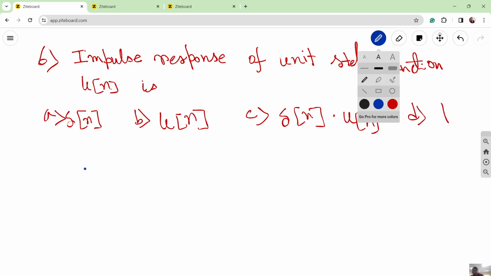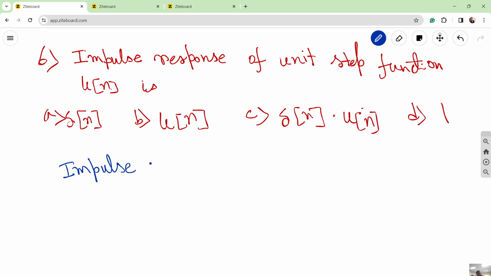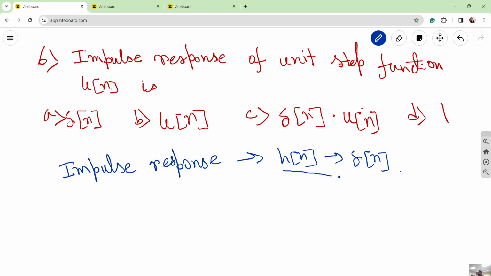So impulse response means the channel h of n is delta of n. The system's response is delta of n.